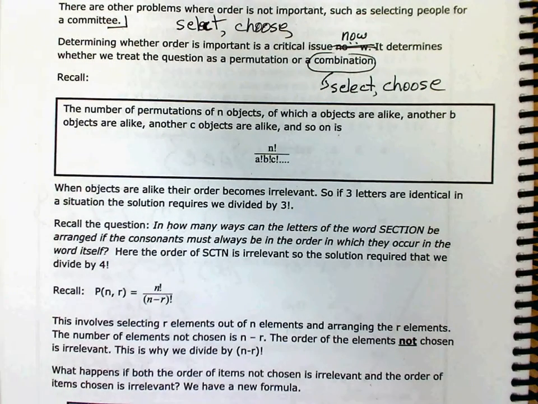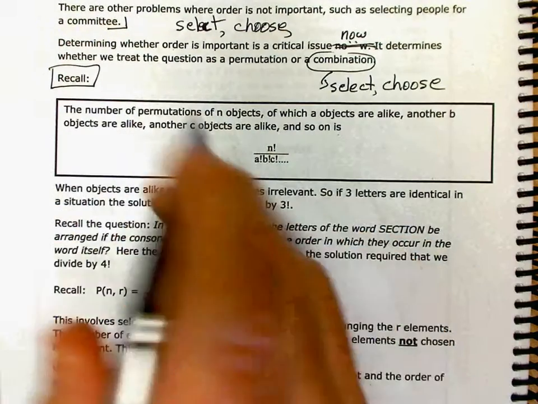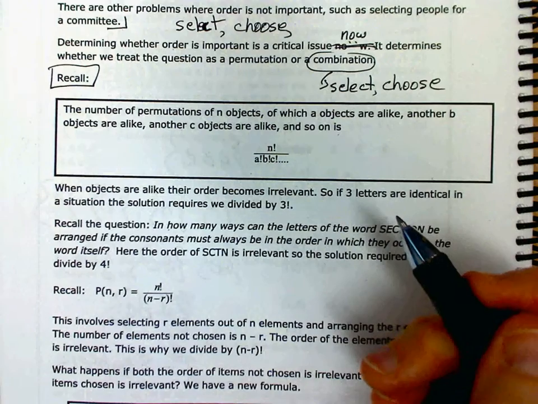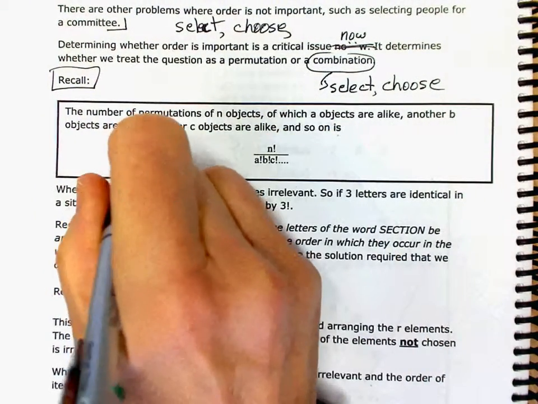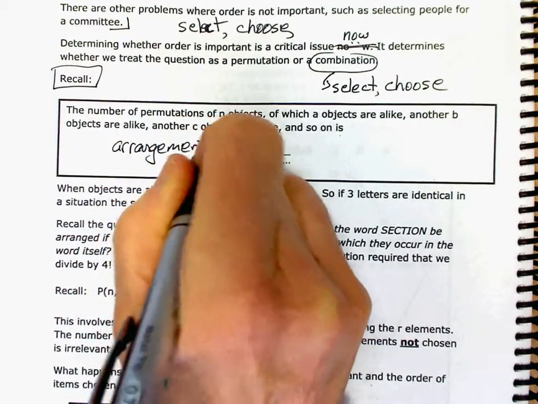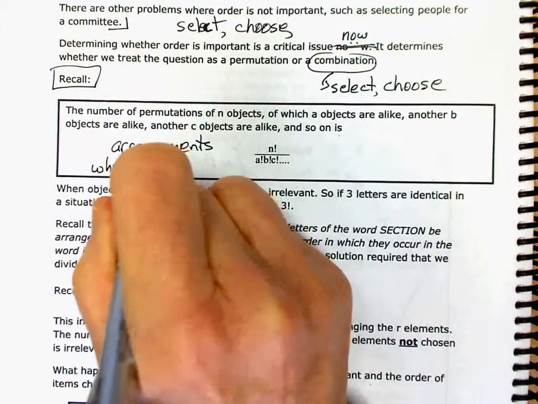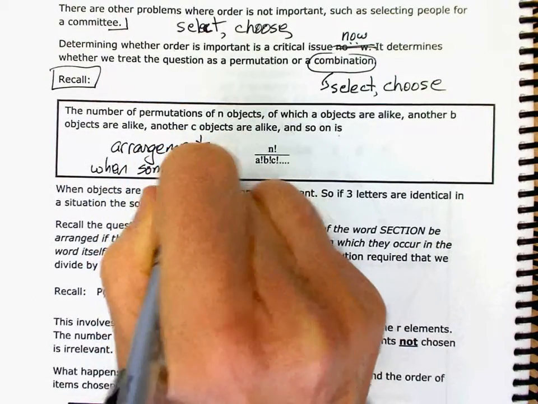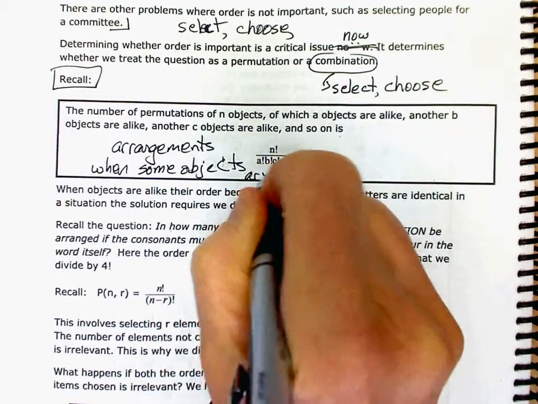Now, recall. We did this formula. This is arrangements when some objects are alike. That's the formula. Arrangements when some objects are alike.